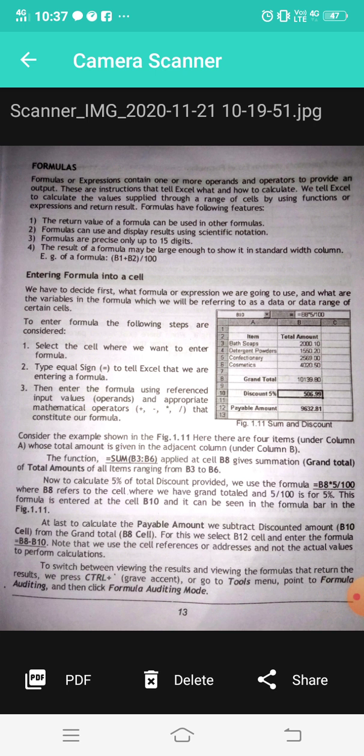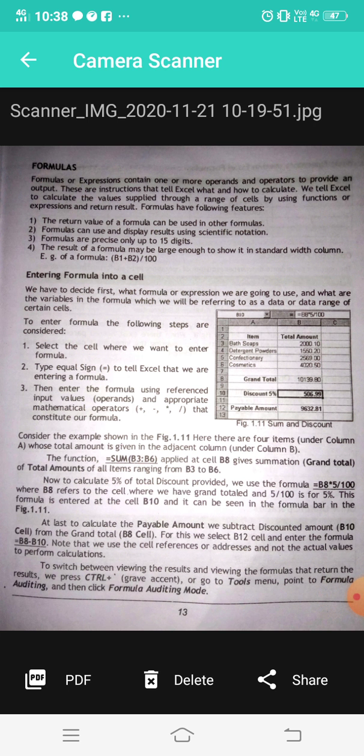The third one: then enter the formula using referenced input values, which we call operands, and appropriate mathematical operators like plus, minus, multiply, divide. We have to write whichever operator we are going to use.